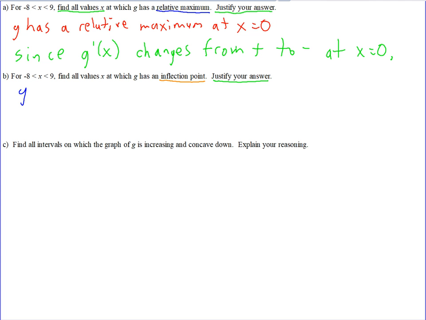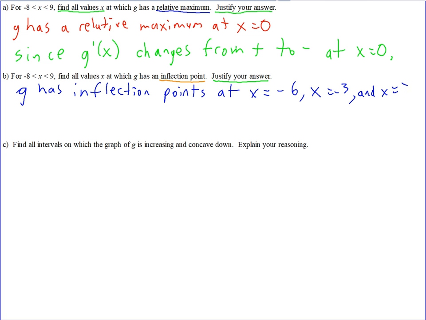So we can say g has inflection points at x equals -6, -3, and x equals 7.